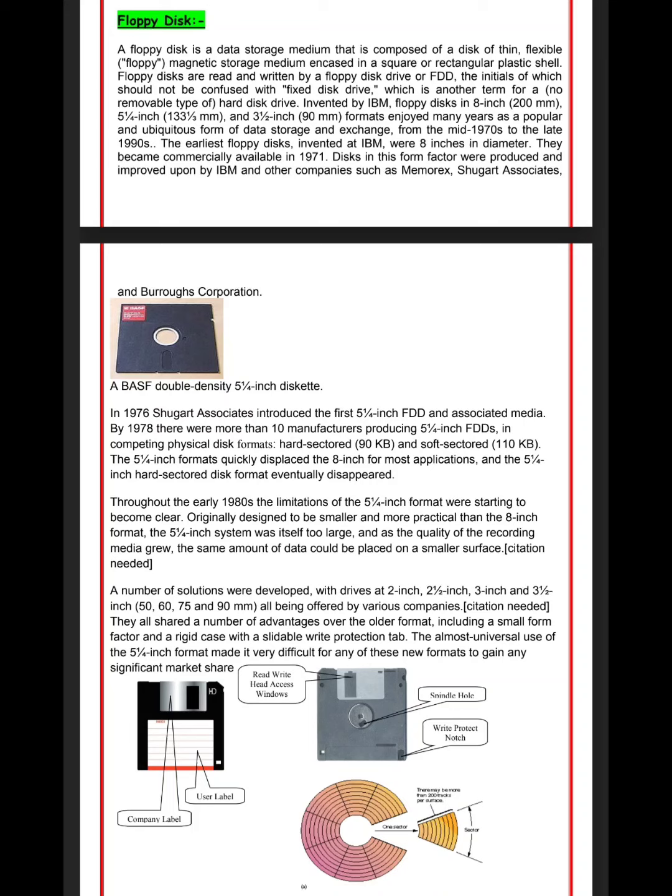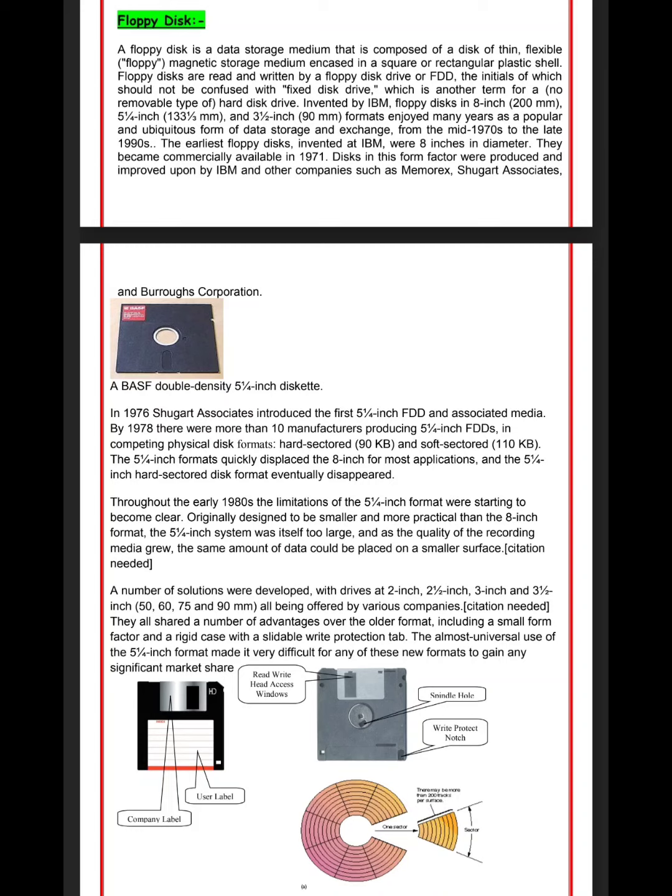In 1976, Shugart Associates introduced the first 5 1/4 inch FDD and associated media. By 1978, there were more than 10 manufacturers producing 5 1/4 inch FDDs in competing physical disk formats: hard sectored 90 KB and soft sectored 110 KB.